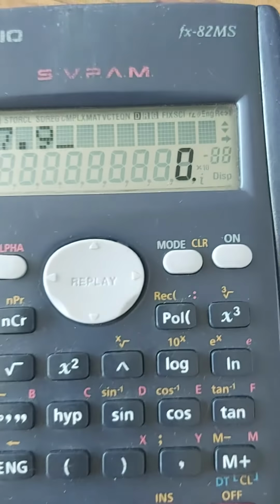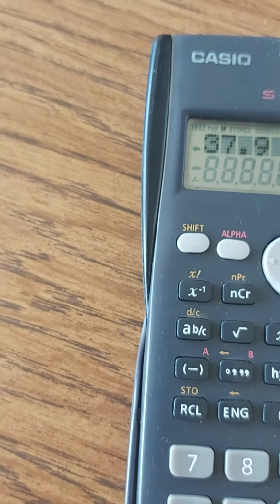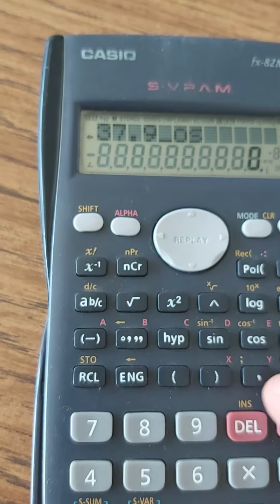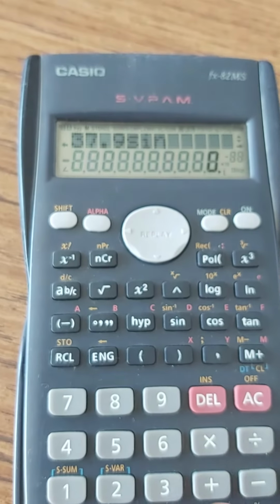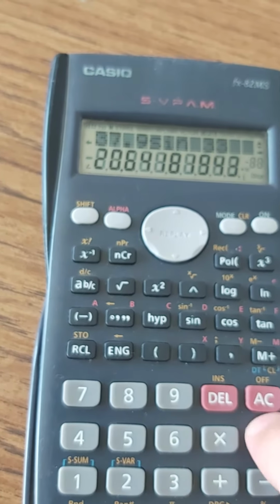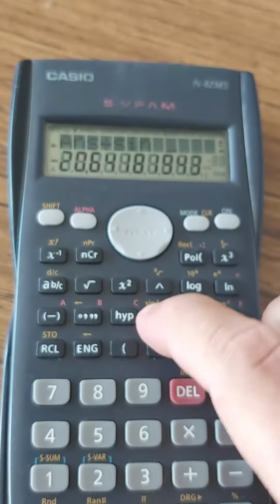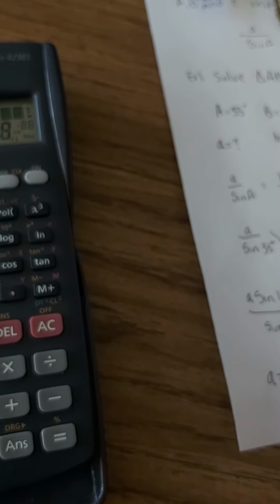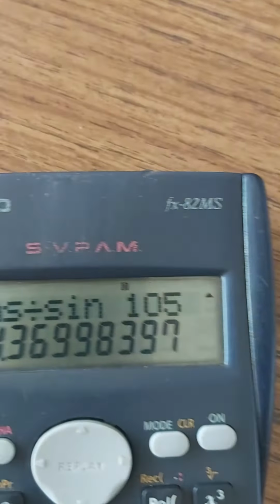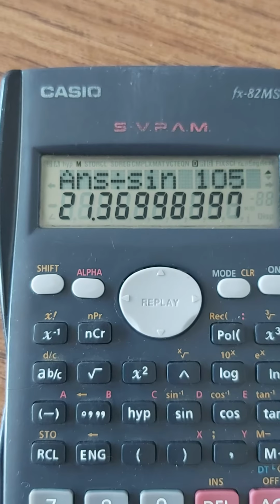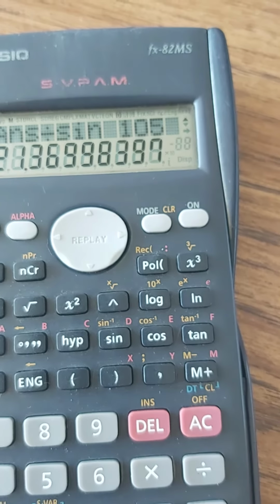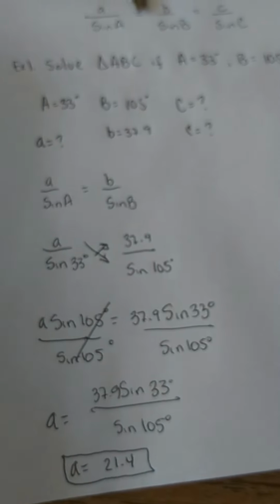So 37.9 times sine of 33 divided by sine of 105 equals. So side a is equal to 21.4. So a equals 21.4.